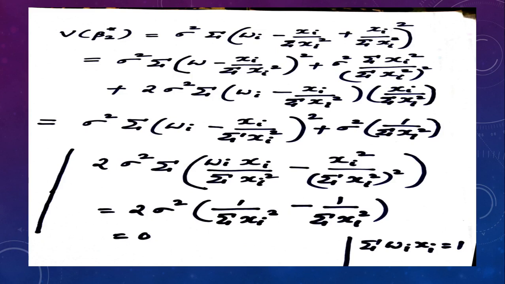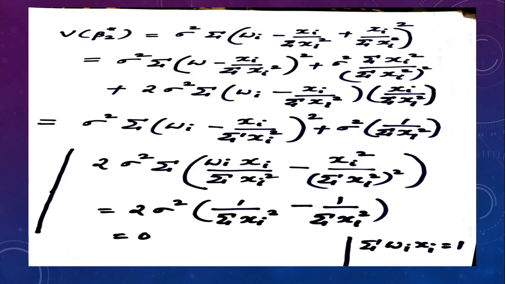So that is equal to 2 sigma square into (sigma wi xi, we have already defined that sigma wi xi is equal to 1, so 1 divided by sigma xi square, minus, again we have xi square, that is sigma xi square divided by sigma xi square, the whole square). So that is equal to 1 by sigma xi square. So that term also becomes 0.